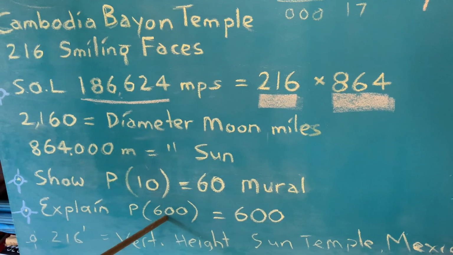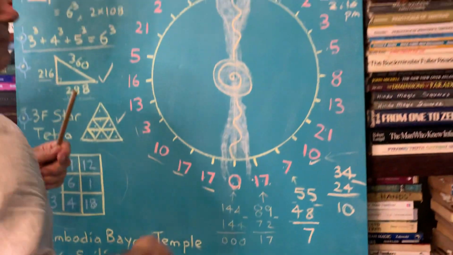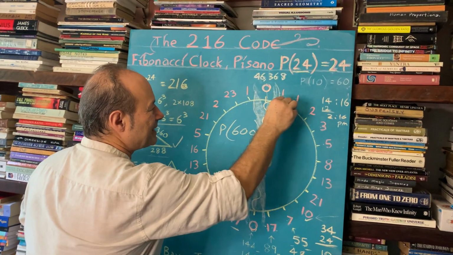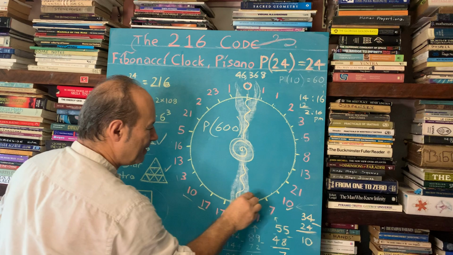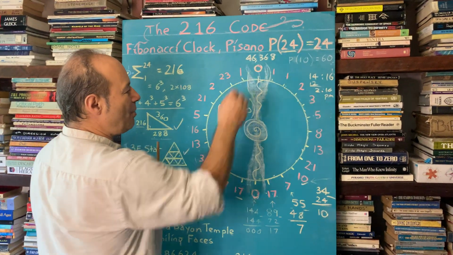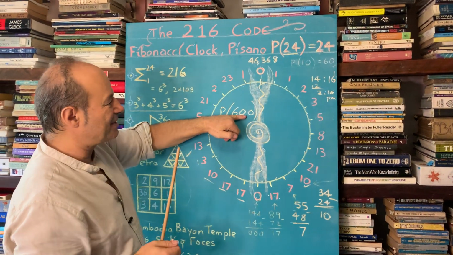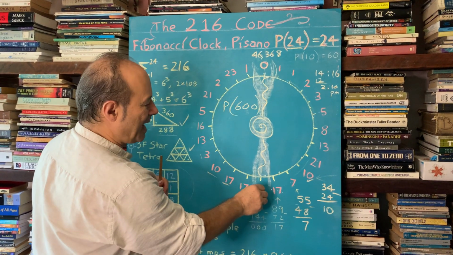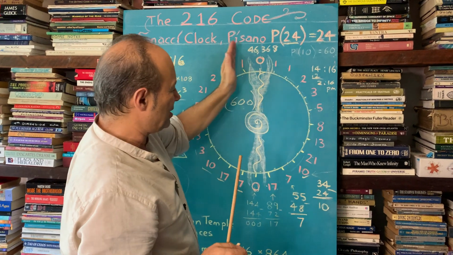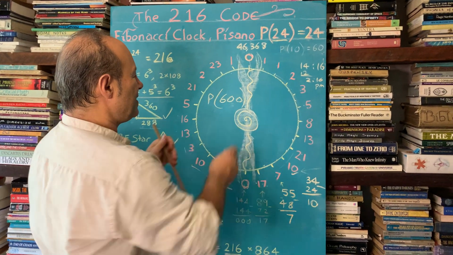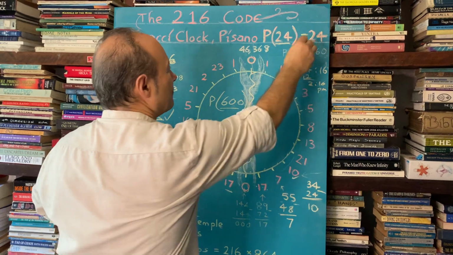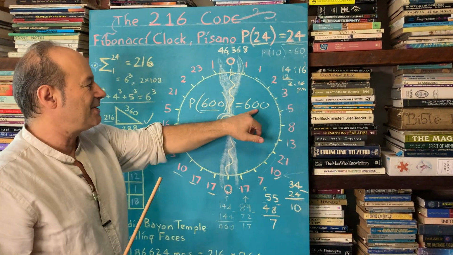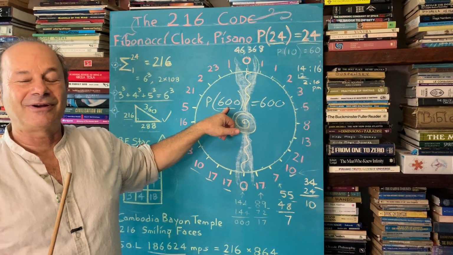What that means is that if we had a clock with 600 numbers, all the way around, but we weren't allowed to go larger than 600 because the Fibonacci number up to here is 610. You can't use that. So only using all the Fibonacci numbers less, the cycle length where it repeats, like it repeats here at 24, equals 600. So its cyclic repetition is also based on the Fibonacci clock of 600.